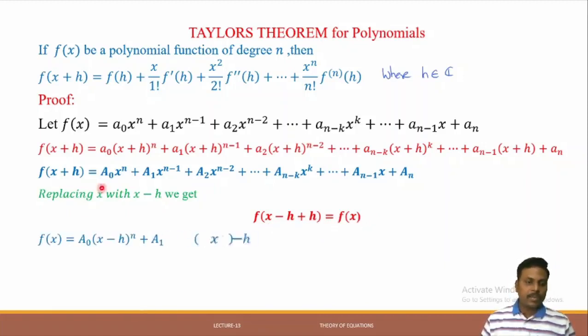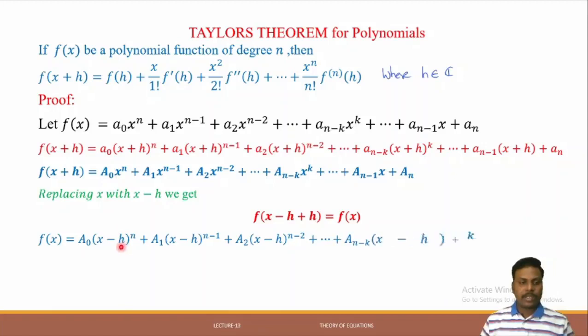Then RHS becomes what? x is replaced with x-h. So f(x) is equal to a0 (x-h)^n + a1 (x-h)^(n-1) + a2 (x-h)^(n-2) and so on, a(n-k) (x-h)^k + a(n-1) (x-h) + an.